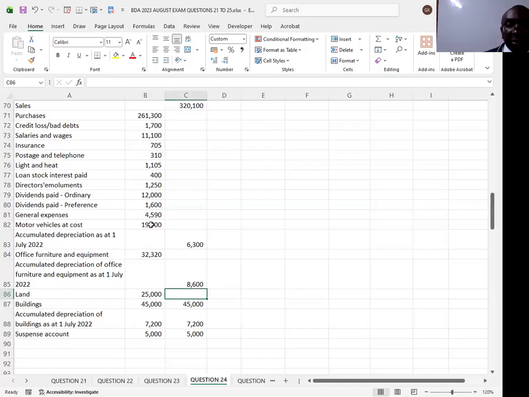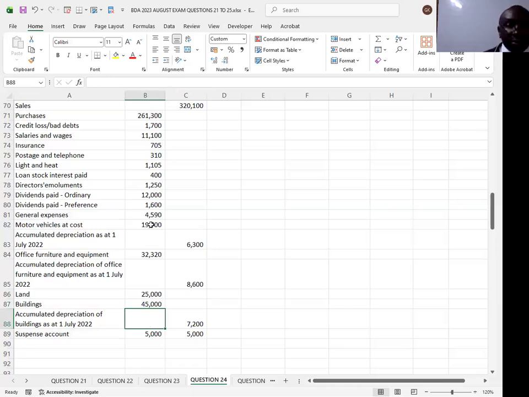That's debit. Buildings. Debit. Accumulated depreciation for buildings. Credit.